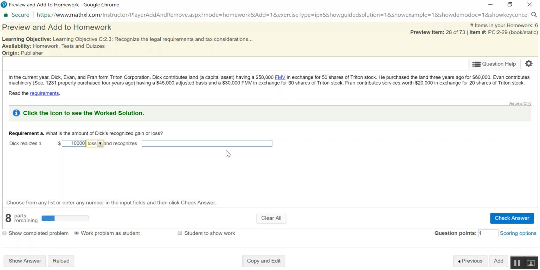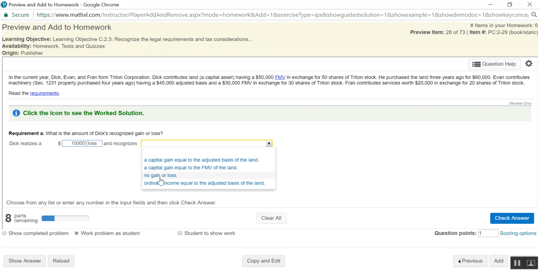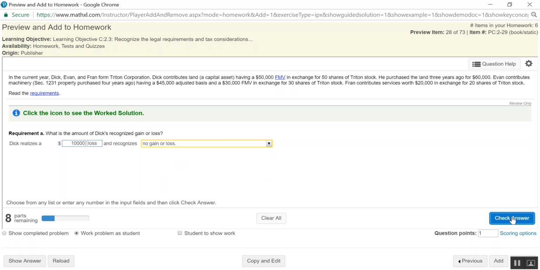So Dick and Evan actually control 80% of the corporation after the exchange. So this indeed does qualify as a 351 transfer with regard to Dick and Evan's transfer of property. So in this case, Dick will recognize no loss.